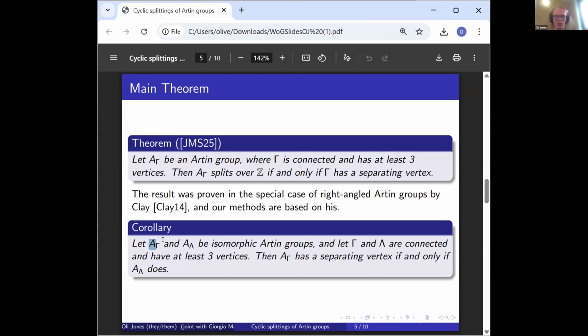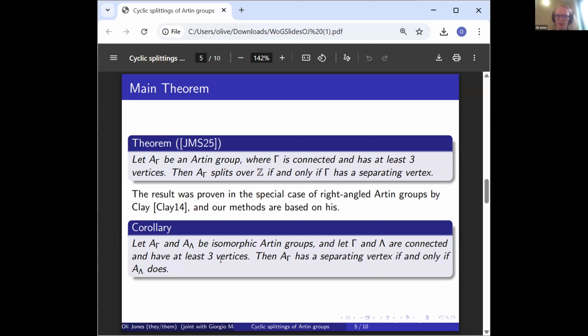It just says there is an action. It doesn't say anything about the graph. So it's also true that A lambda splits over Z. But then by the theorem, A lambda also has a separating vertex. So immediately, if we have 2 graphs, one of which has a separating vertex and the other of which doesn't, we can say that the Artin groups aren't isomorphic to each other, which maybe we couldn't before.